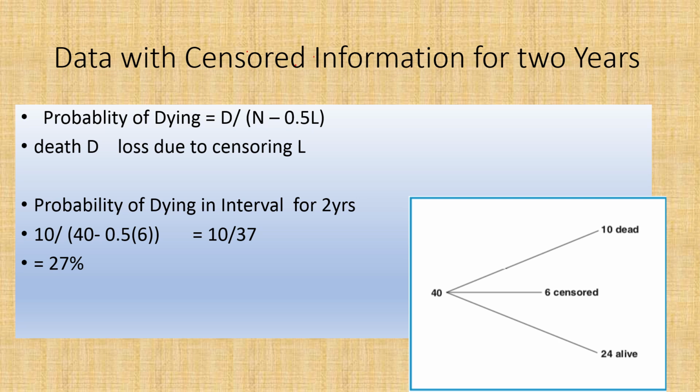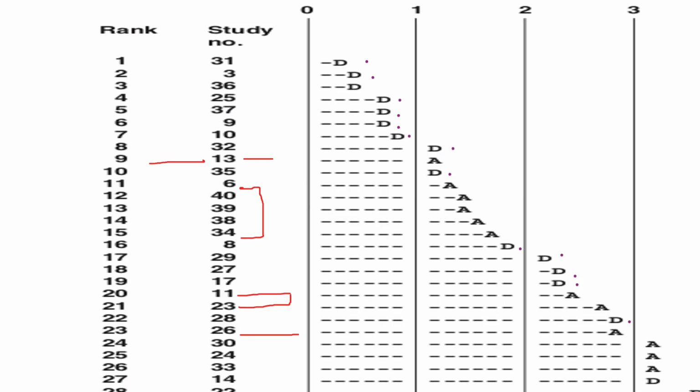So I multiply as per the formula, and I calculate the answer as 29. So I can write it down like this: 40 total at start, number of individuals died 10, censored 6, alive 24.